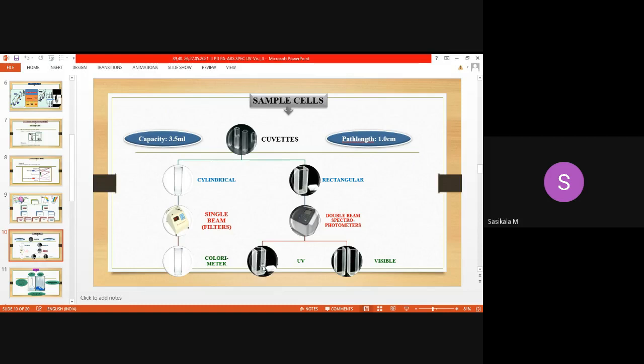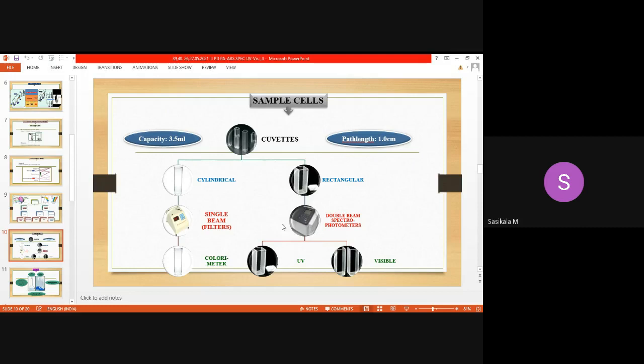Only those 2 surfaces allow UV to pass, where the sample will be placed. The other surfaces will not allow UV radiation, so only a negligible amount is absorbed by the glass on the other 2 surfaces. So in the cuvette you can find two translucent surfaces and two transparent surfaces. Transparent surfaces will allow UV radiation, whereas translucent surfaces will not. That is the concept.